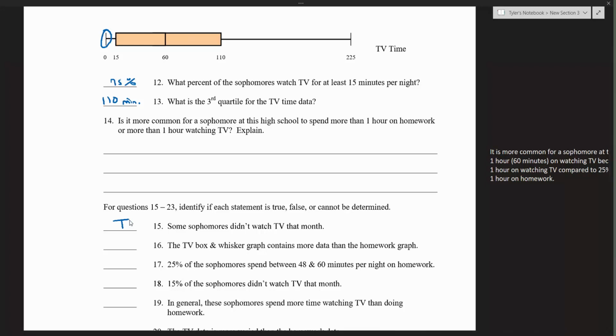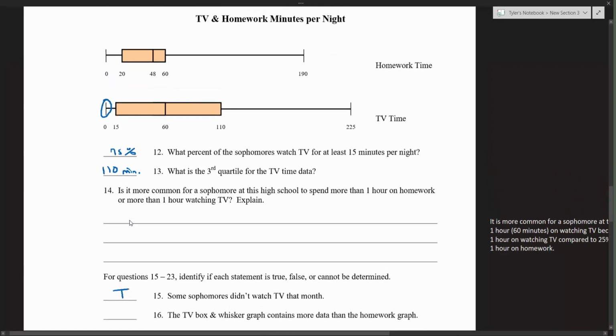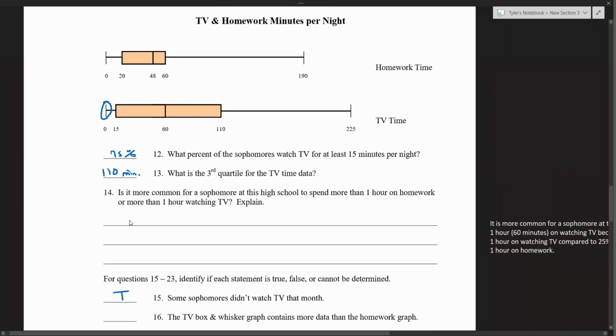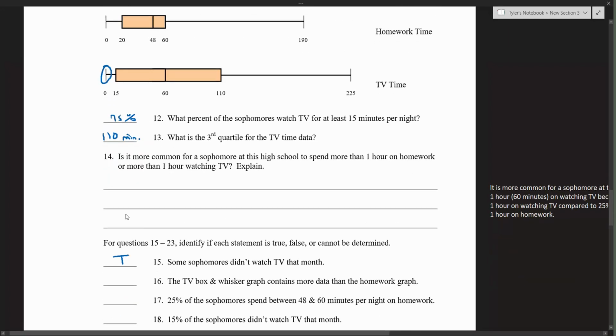Number 16 says the TV box and whisker graph contains more data than the homework graph. So they're thinking that maybe there's a bigger number of students, a bigger N value for the TV box and whisker compared to the homework. And that cannot be determined, because box plots don't tell me anything about frequency or how many, what your sample size is for each variable.